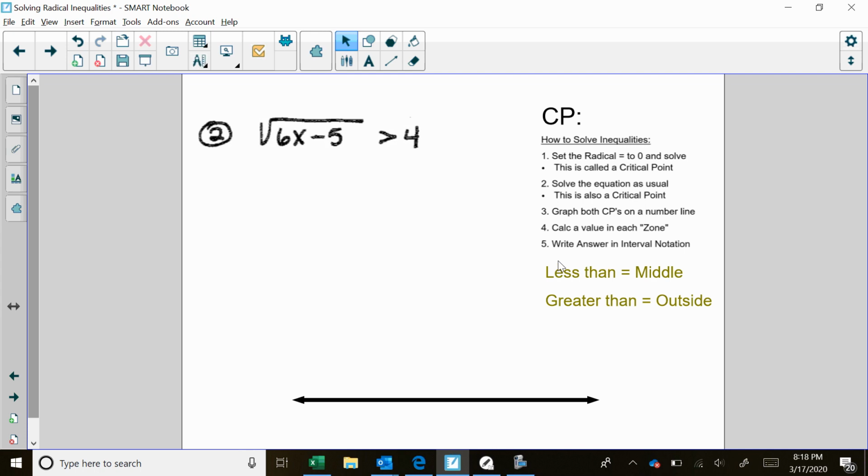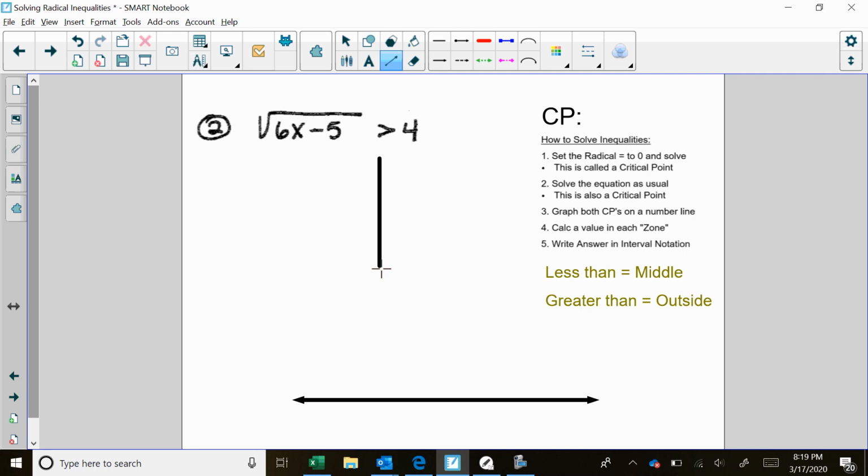This is problem number 2. We've already discussed the critical points, and we'll talk about them again in a minute. First critical point: set the radical equal to 0.